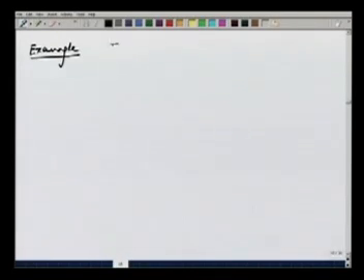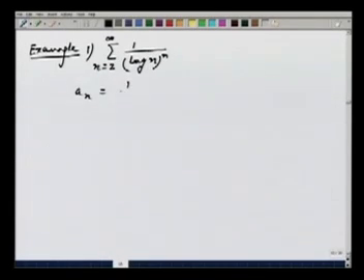Let us look at summation. So this is the first example: summation of (1 by log n) whole to the power n, n from 2 to infinity. Okay. So here an equals 1 by (log n) to the power n.